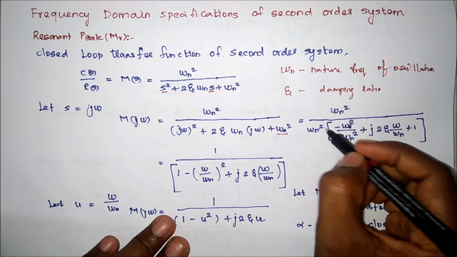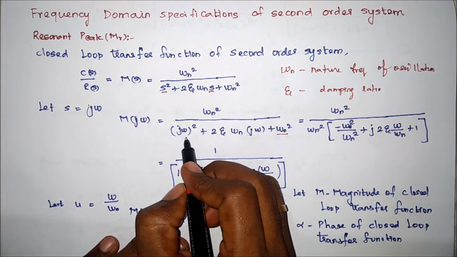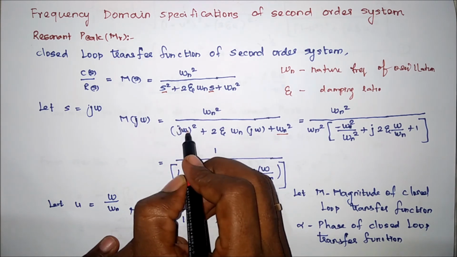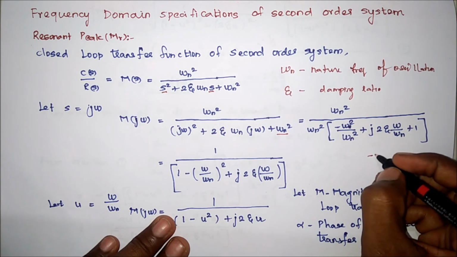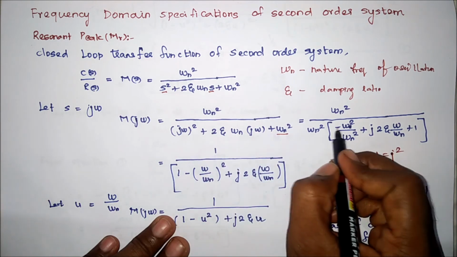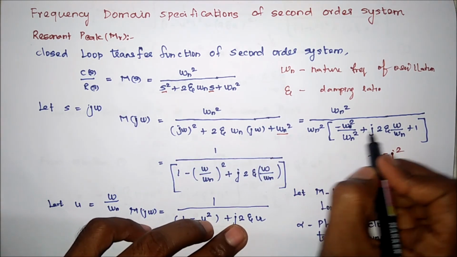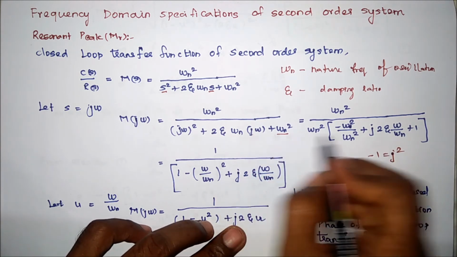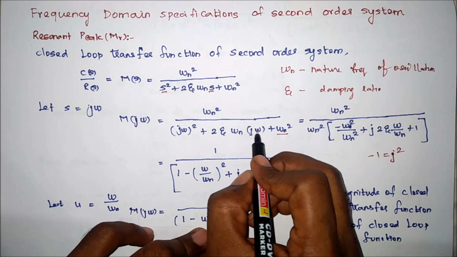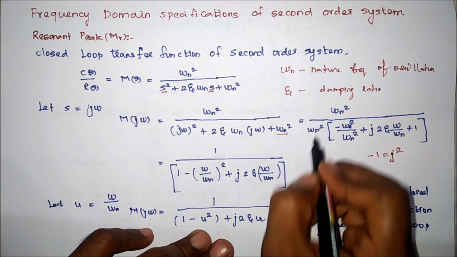Therefore, we will get omega n square divided by omega n square into, here omega n is not available. Therefore, this will become j square into omega square. We know minus 1 equal to j square. So here j square will become minus 1, omega will become omega square. So omega square divided by omega n square plus j 2 eta omega divided by omega n, because from this we have taken omega n square outside.